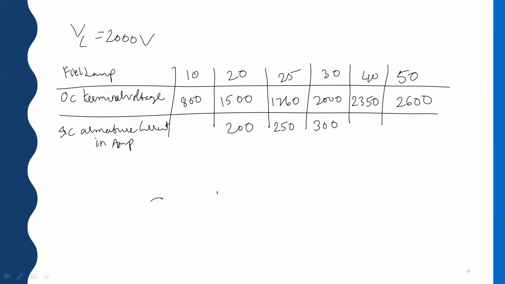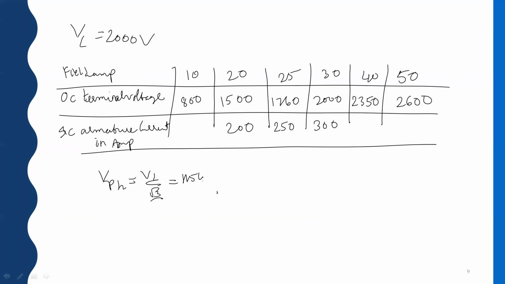So the first thing you have to do is find out your V phase. What is your V phase? V phase equals VL by root 3, which is 1154.7 volts after calculations. Next, I have to find out my IL. I have given 2000 volts and 1000 kVA.